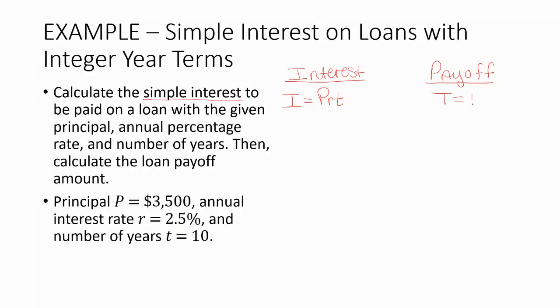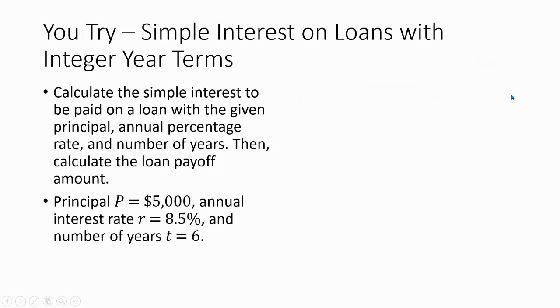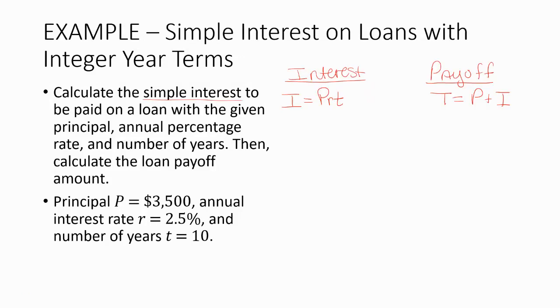Payoff is T equals P plus I. And everything just disappeared. There we go. Wrong problem. Okay.